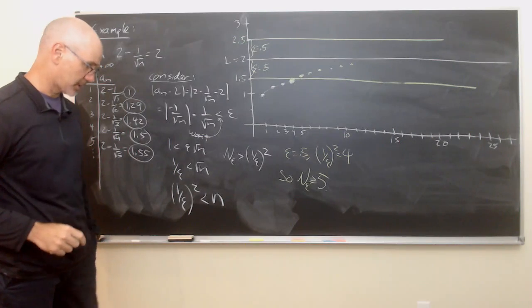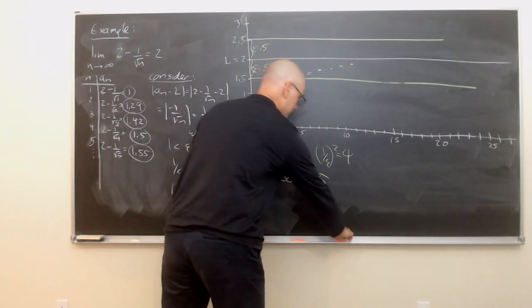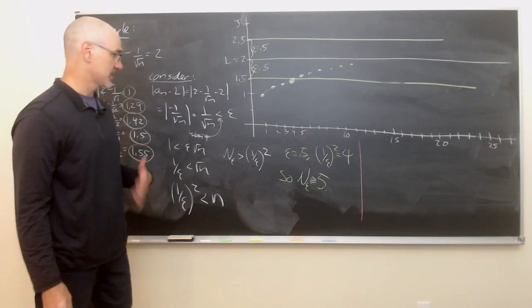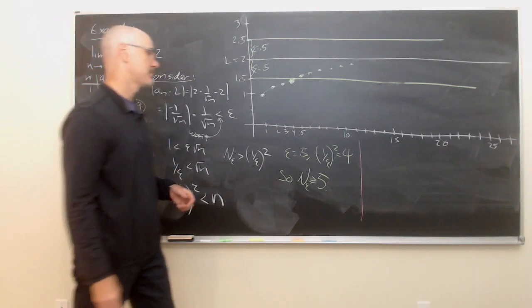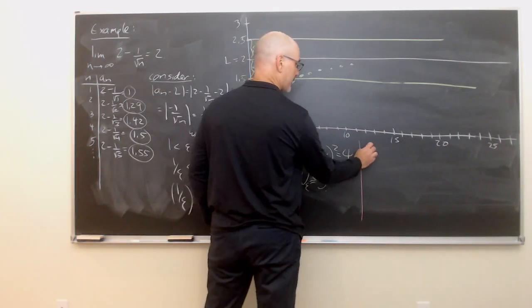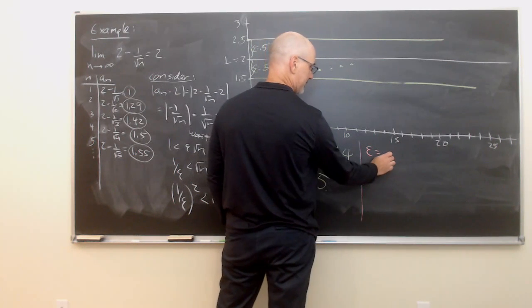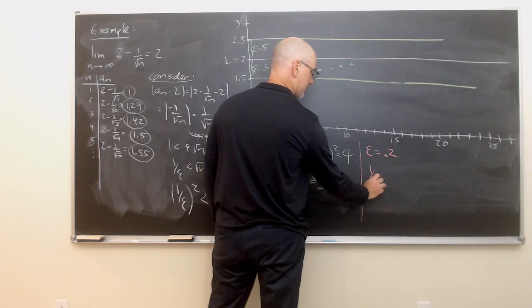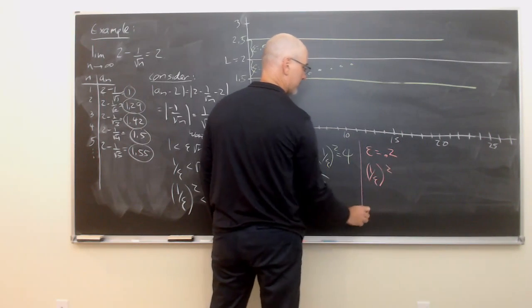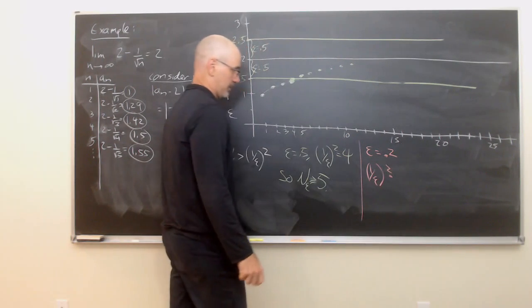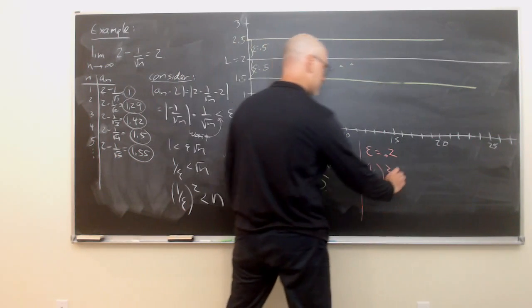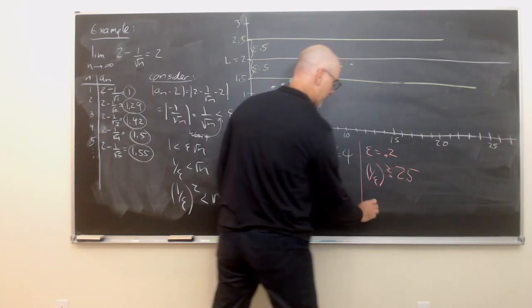All right, now let's try a smaller epsilon band. We have to show that the definition holds not just for 0.5, but for any positive number. So what happens if epsilon is equal to 0.2? Then 1 over epsilon squared, what is that? 1 over 0.2 is 5, so this is going to be 25.